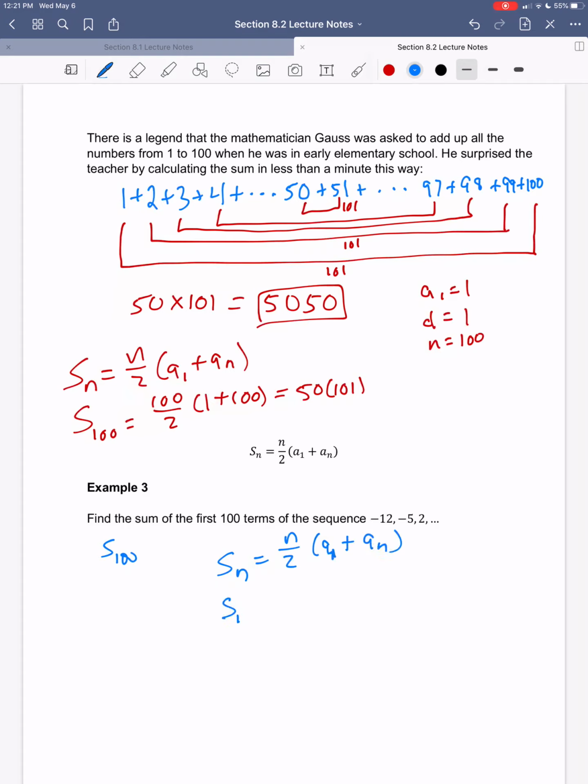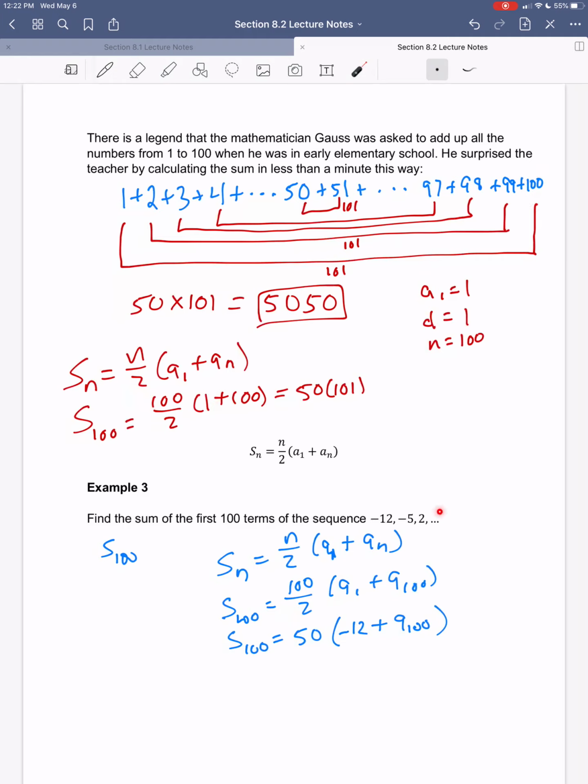So S sub 100 is going to be 100 over 2 times a sub 1 plus a sub 100. So 50, a sub 1, the first term, is negative 12. But I don't know what the 100th term is, right? Up here, I knew what the last term was.